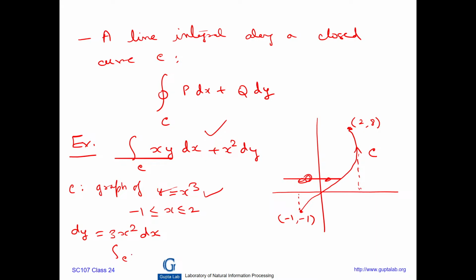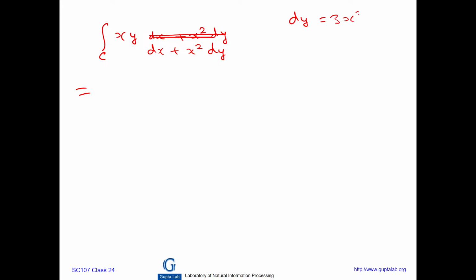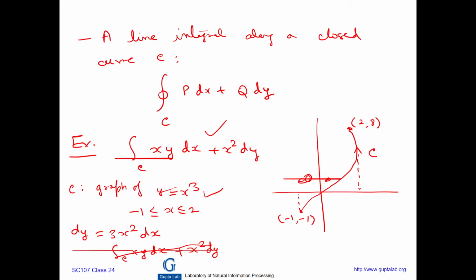So the whole integration along C of xy dx plus x square dy equals, since dy is 3x square dx, actually there is no y, so only the integration sign will be along x.